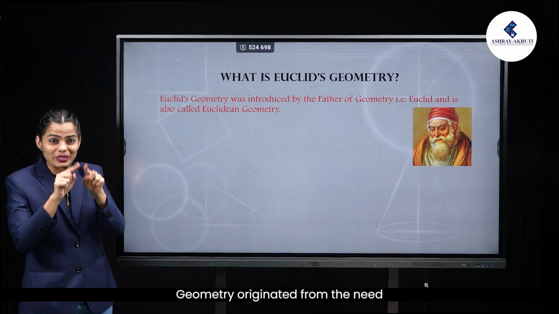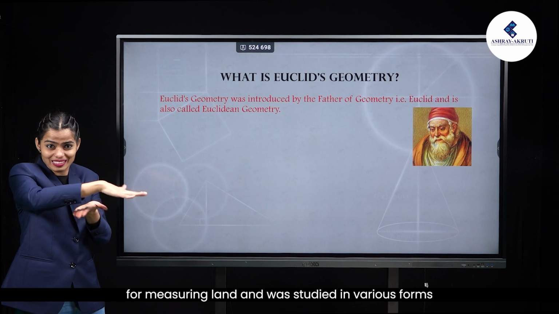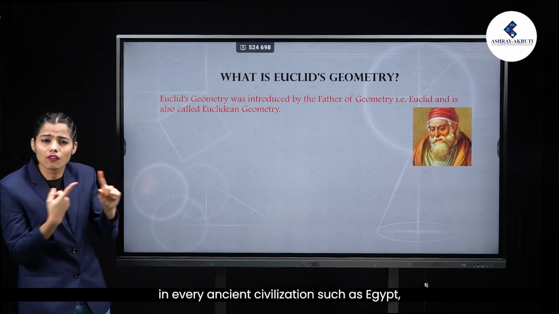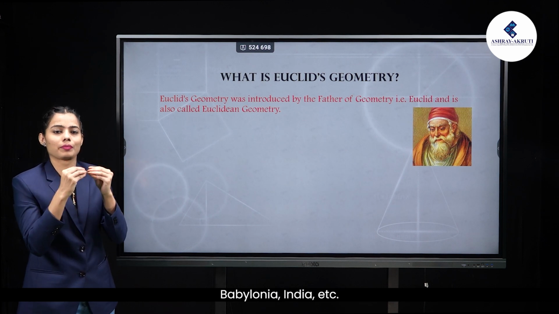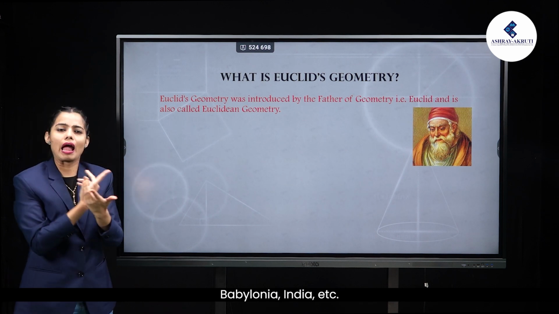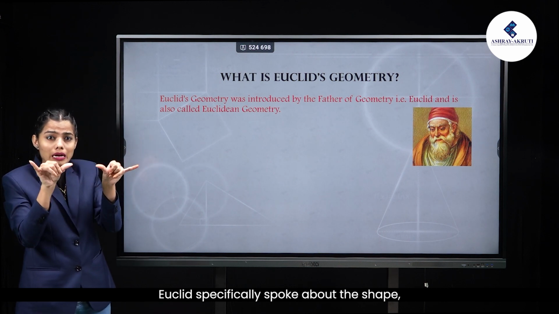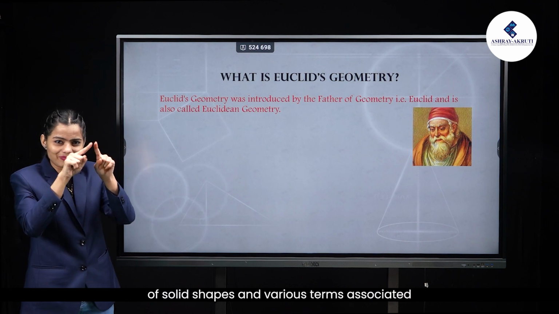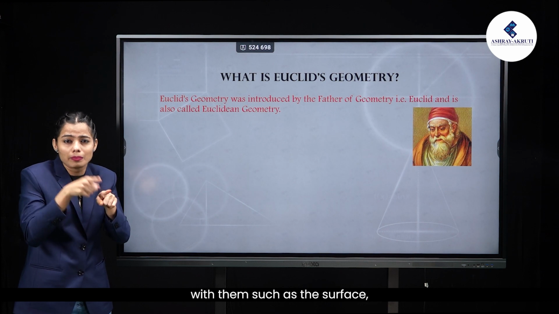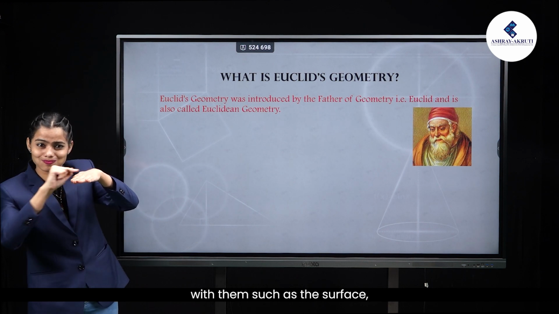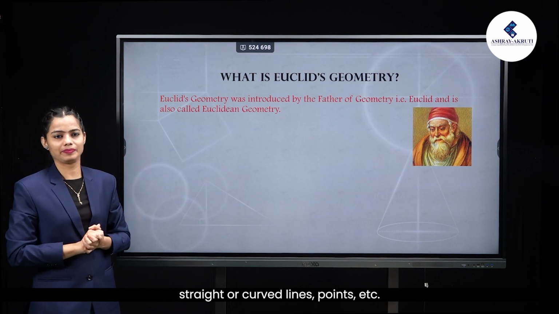Geometry originated from the need for measuring land and was studied in various forms in every ancient civilization such as Egypt, Babylonia, India, etc. Euclid specifically spoke about the shape, size, and position of solid shapes and various terms associated with them such as the surface, straight or curved lines, points, etc.